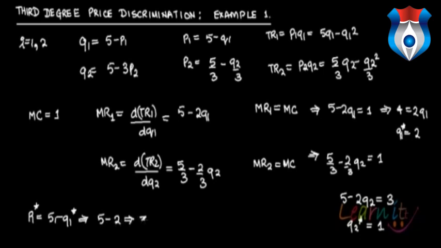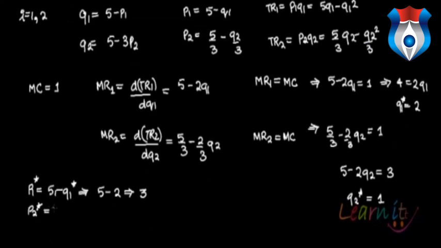So this is coming out to be equal to 3. And P2 star would be 5 by 3 minus Q2 star by 3. That would mean 5 by 3 minus 1 by 3, which is equal to 4 by 3.